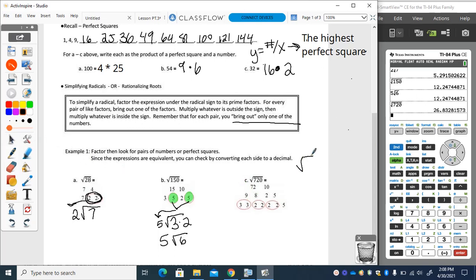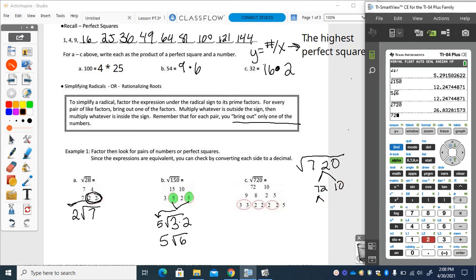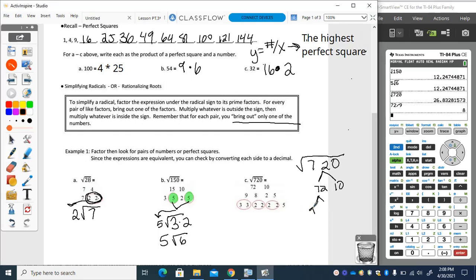So we'll have the square root of 720. We know that we have 72 and 10. So let's list out some factors of 72. 72, we know we can divide it by 9, and we'll get 8. So 9 and 8. Can we simplify that 9 any further? Yeah, to 3 and 3.